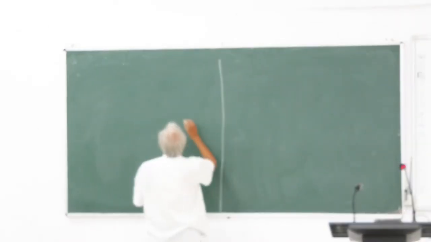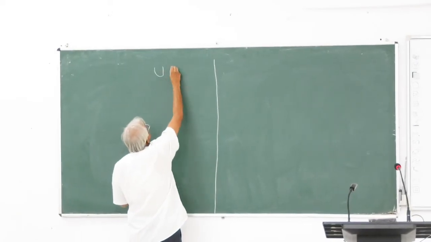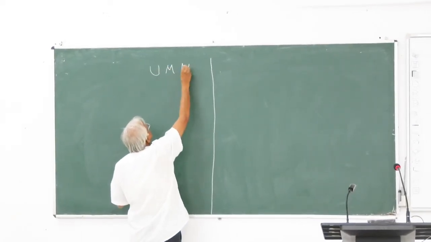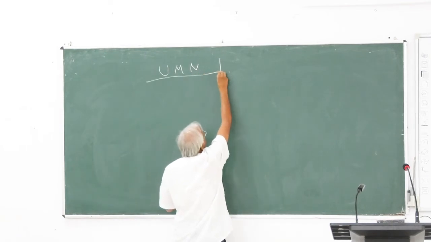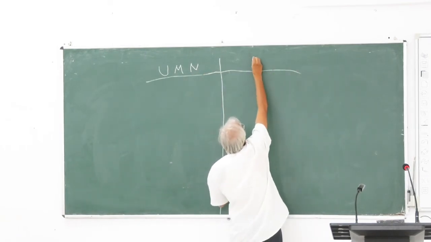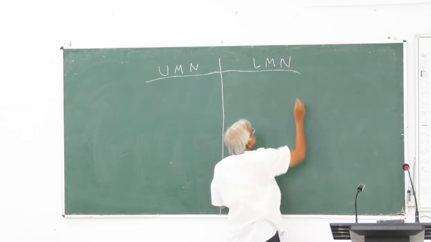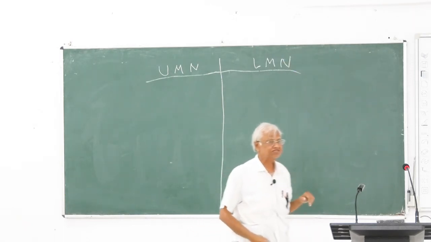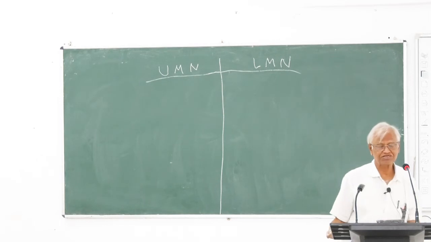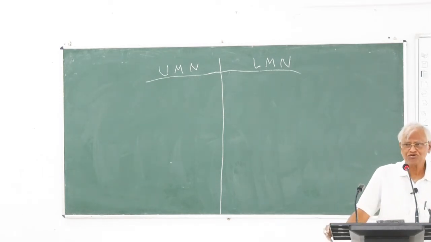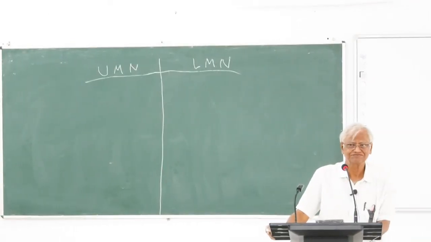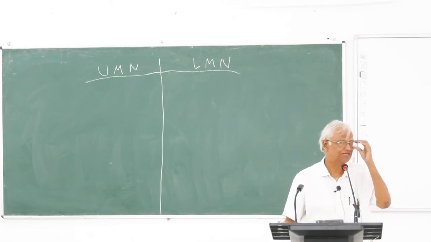Better write a chart. What is the difference between an upper motor neuron lesion and a lower motor neuron lesion?